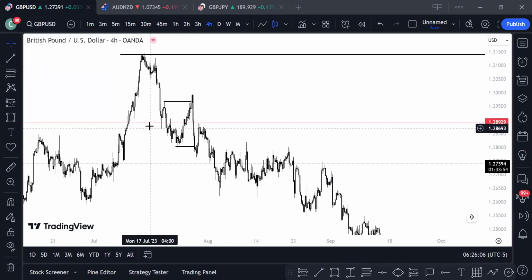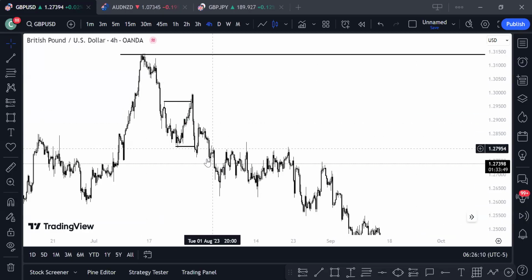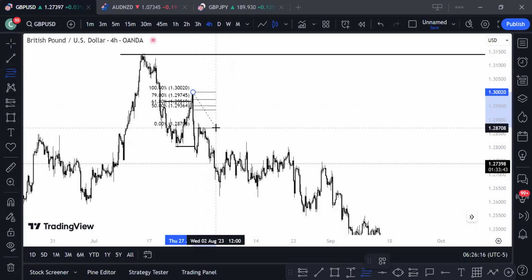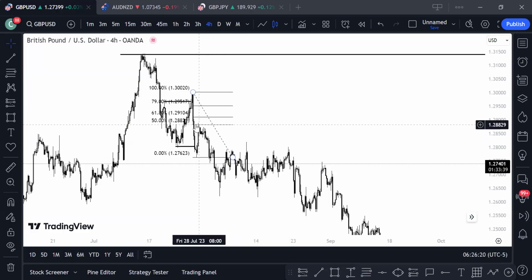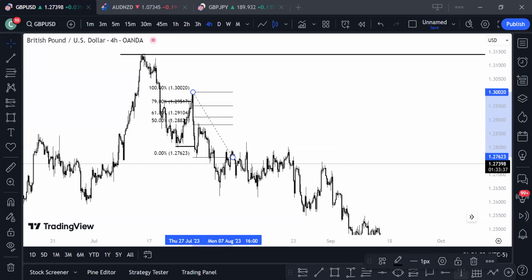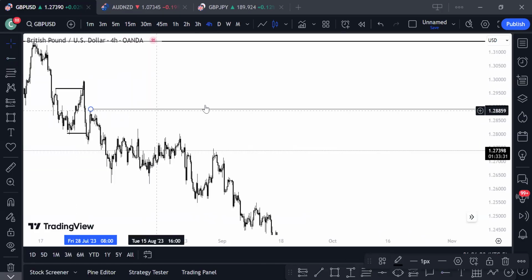So remember, rule number 1, sweep of liquidity, check. Rule number 2, break of structure in the opposite direction, check. Rule number 3, 50% retracement, at least. Now let's see if this is up to 50%. Okay, good. This is up to 50%, right? So that 50% retracement served as what? Our newly created liquidity, our structural liquidity here.